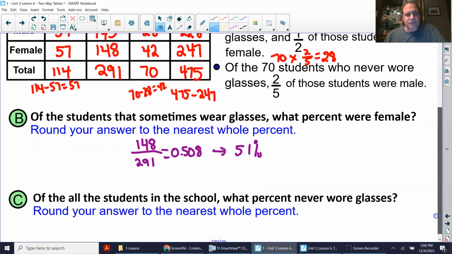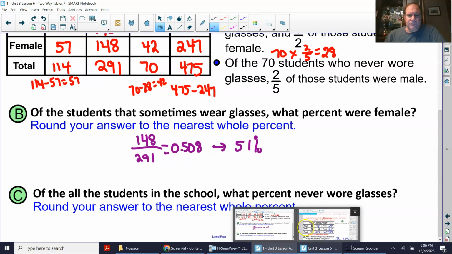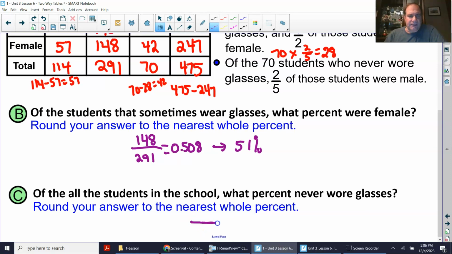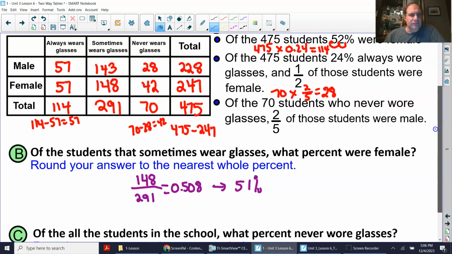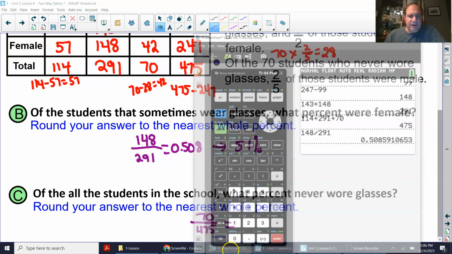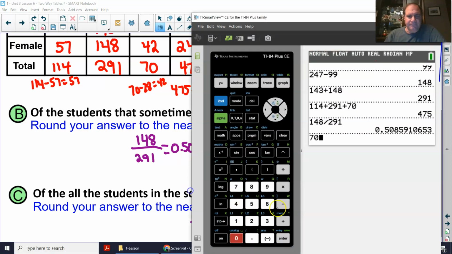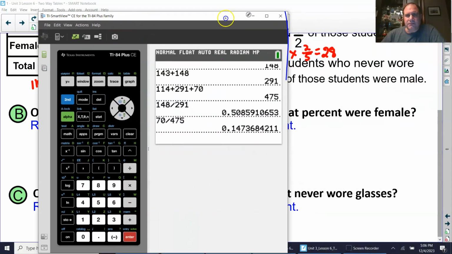Now, all of the students in the school. So we're just going to go ahead and put that number, all of the students, 475. What percent never wore glasses? Never wore glasses. 70. Wow, not that much. So 70 divided by 475 is 0.14.